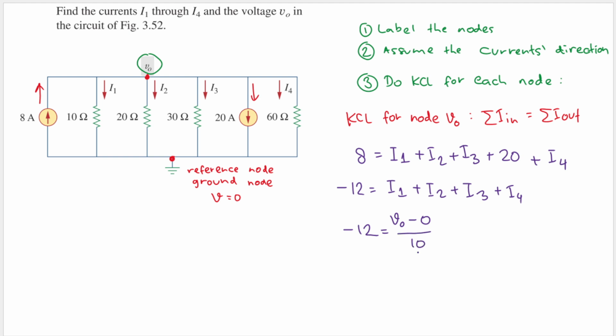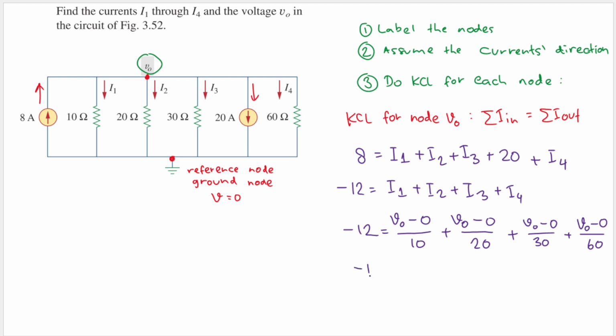We can do the same thing for I2: V0 minus 0 divided by 20. Again for I3: V0 minus 0 divided by 30. And finally V0 minus 0 divided by 60. V0 minus 0 is just V0.